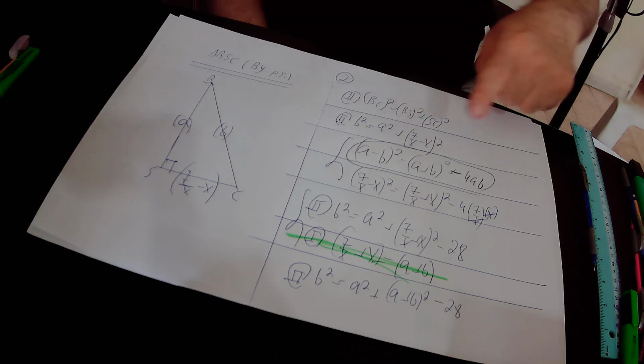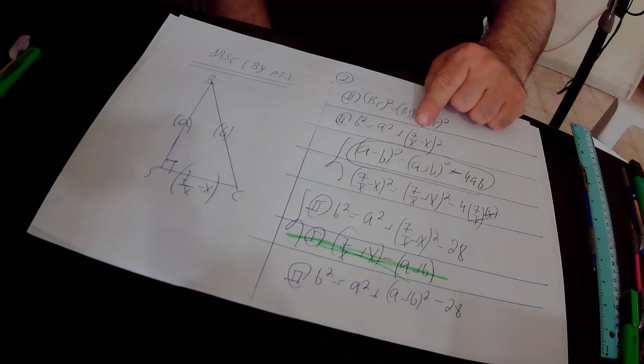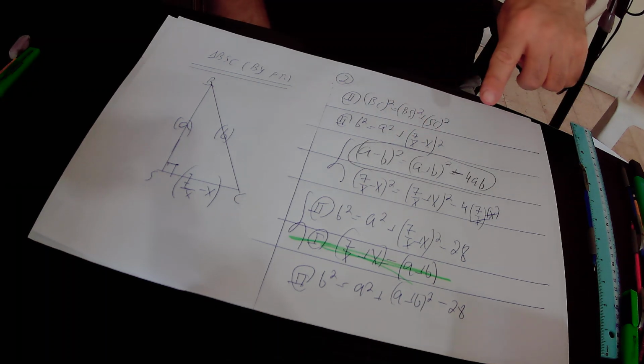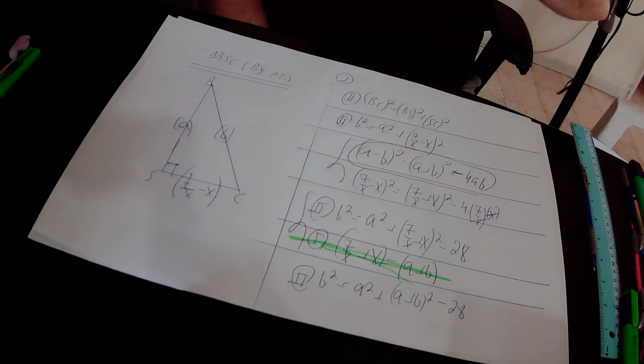According to this algebraic identity, if we substitute 7 over x for a and x for b, the value of 7 over x minus x squared will be equal to 7 over x plus x squared minus 4 times 7 over x times x.